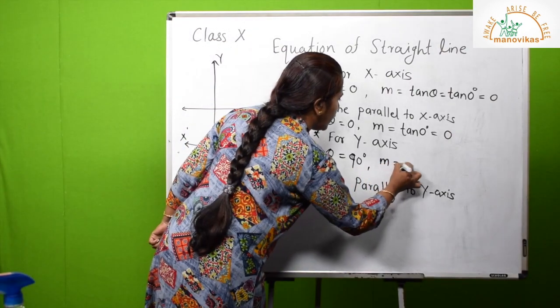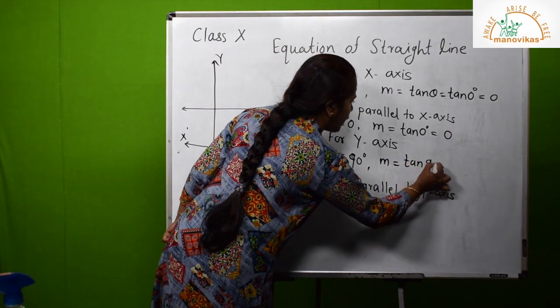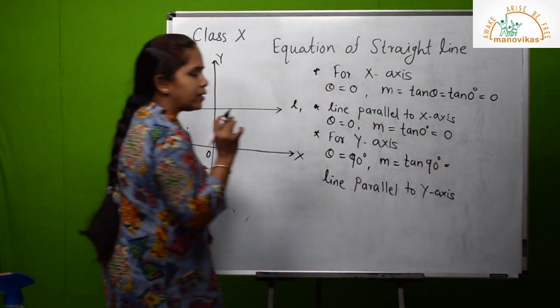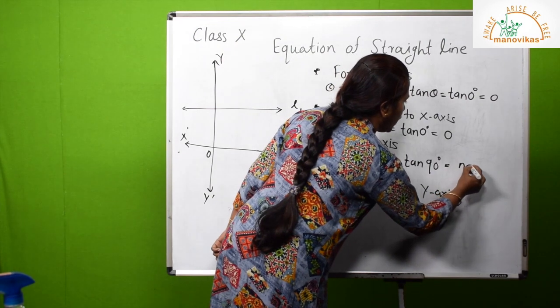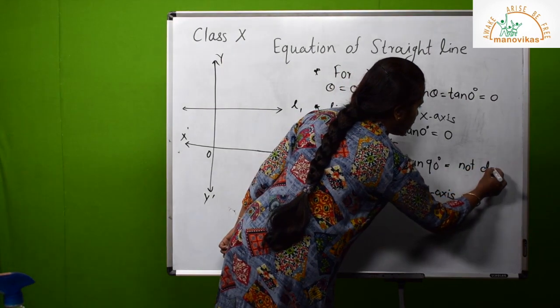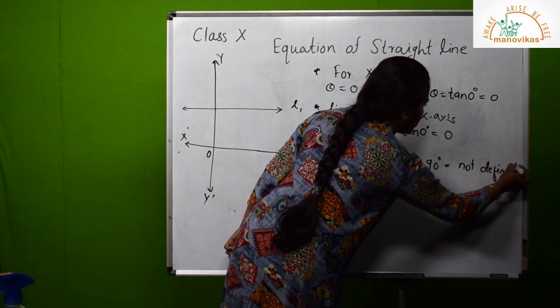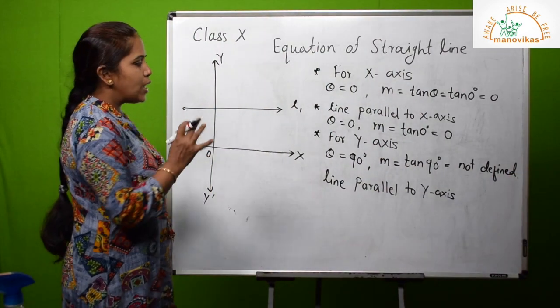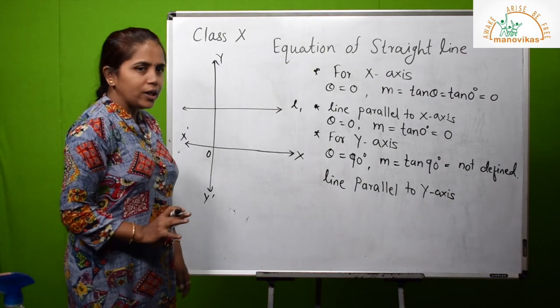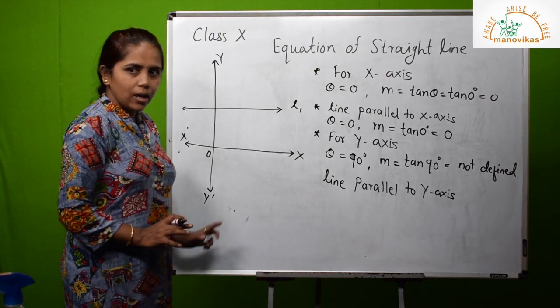Slope will be m is equal to tan 90 degrees. And what is tan 90? It is not defined. So slope of the y-axis is not defined because tan 90 value is not defined.